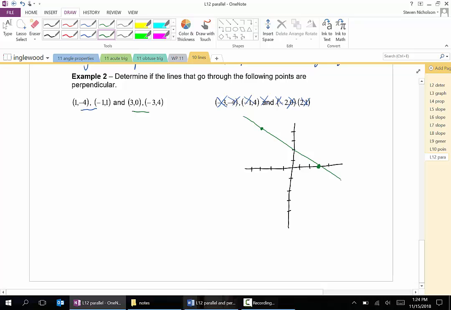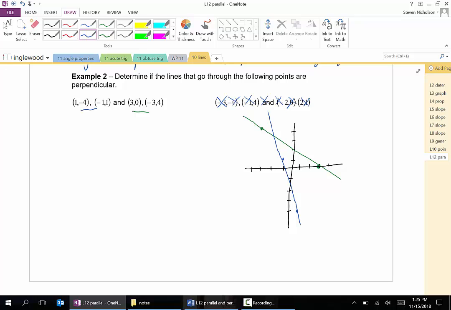A ruler is way better. And here's my blue line, 1, negative 4 and negative 1, 1. And again, I'll eyeball that. So by looking at my picture, if I drew anywhere near a decent picture, they are not perpendicular. That is not a 90-degree angle.